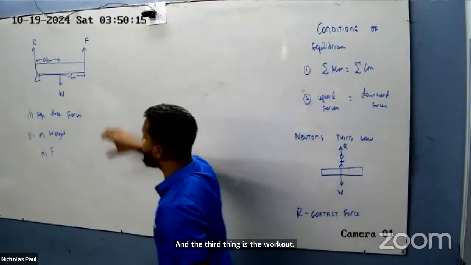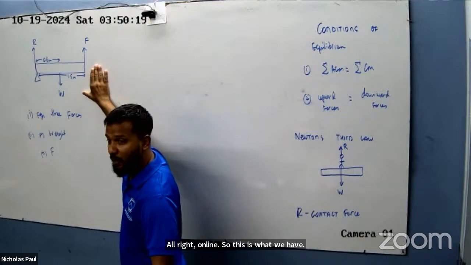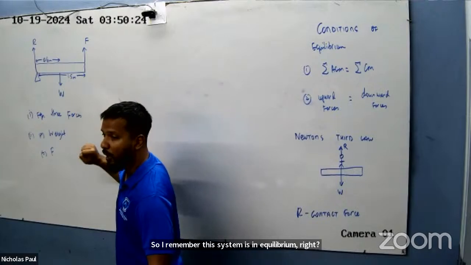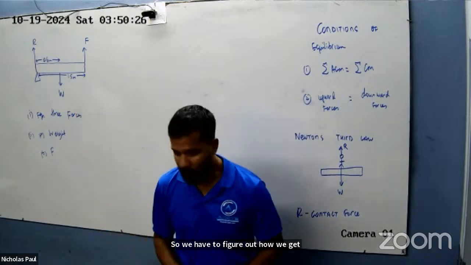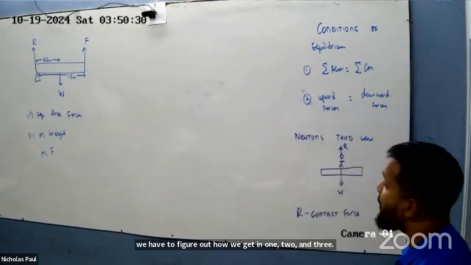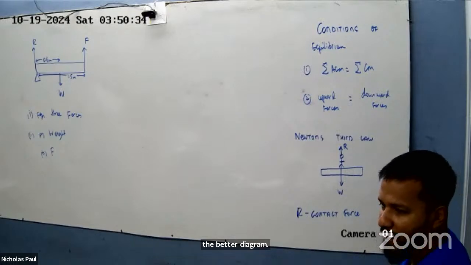All right, so this is what we have. Remember, this system is in equilibrium, so we have to figure out how we get 1, 2, and 3. Look at the diagram. Which law are you going to use to find part 1?